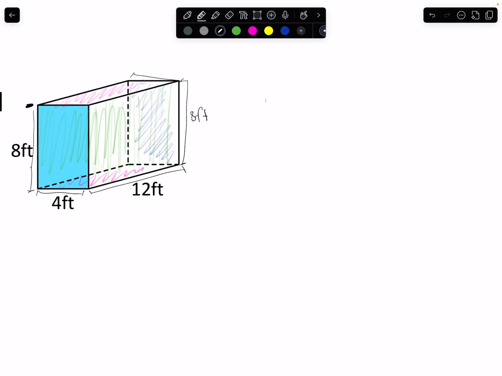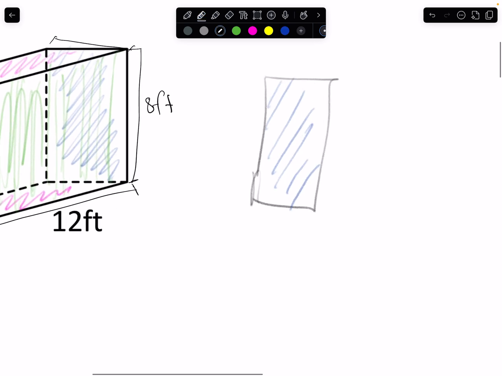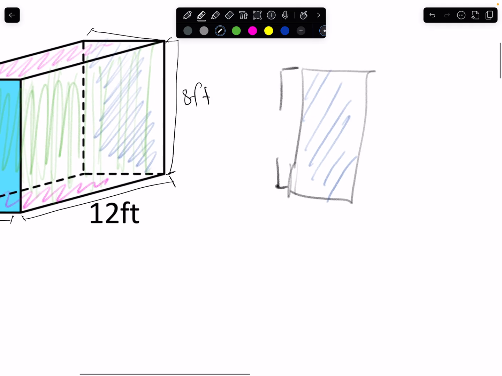We have one where our dimensions are, if we pull this, let's say this one's going to be our blue face, so the front and the back. This bit here would be what?